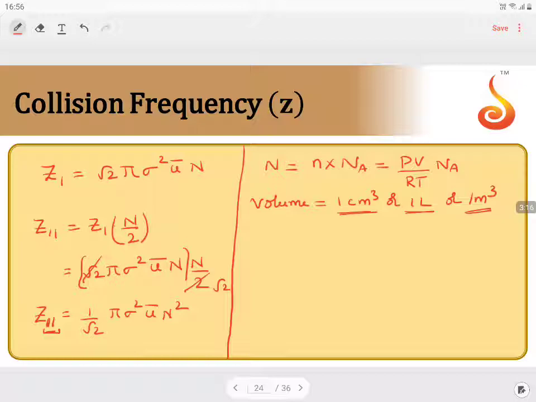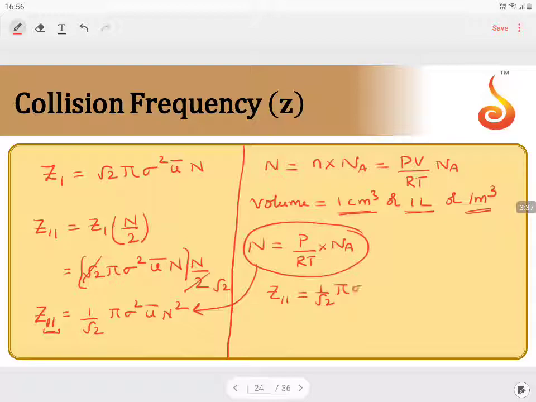In a unit volume, n can be written as P by RT into Na. Substituting this n value, we get Z11 equals 1 by root 2 pi sigma square u bar into P by RT into Avogadro number, whole square.